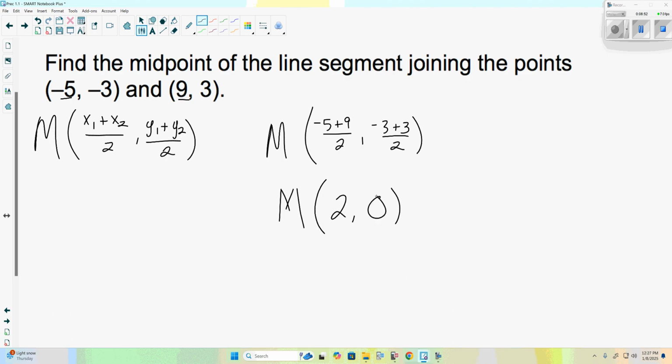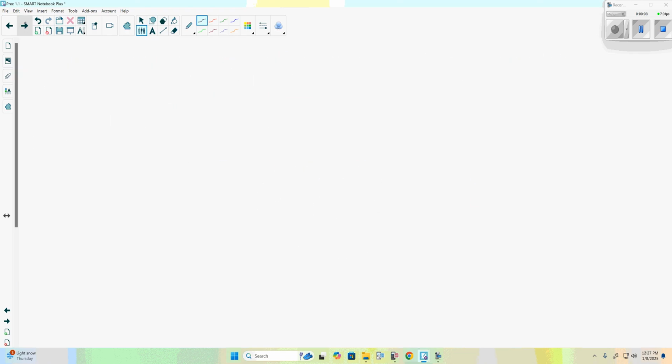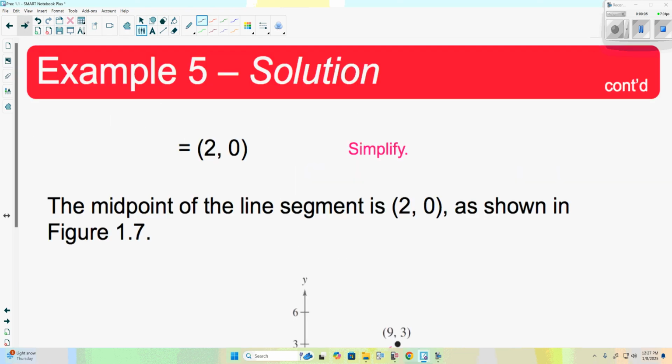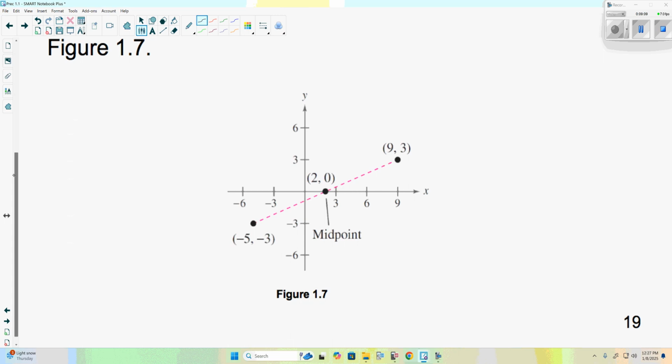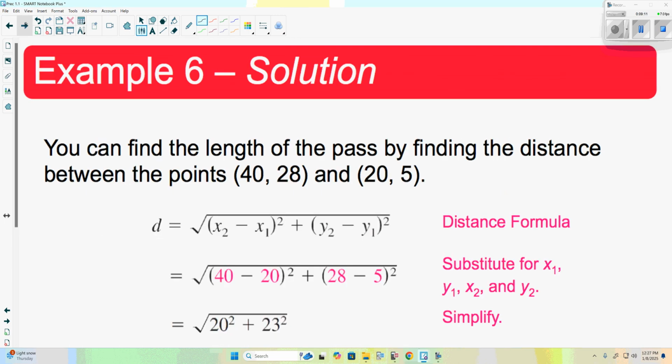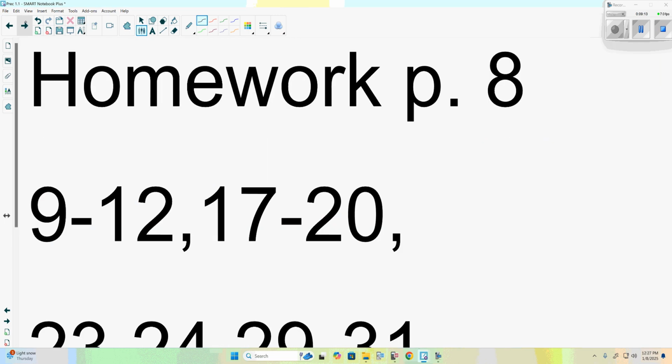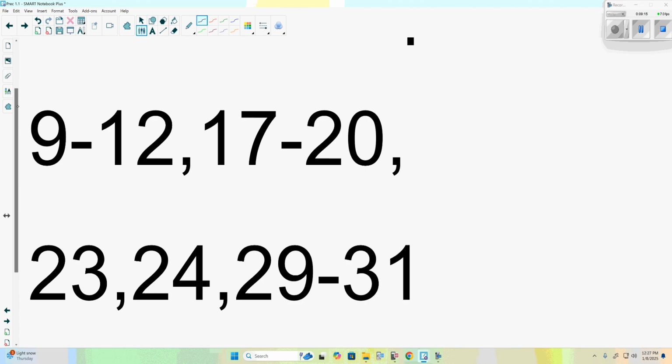And divided by 2 would be 0. So the midpoint is 2, 0. Questions on this here. If we wanted to plot it, we'd see that it is indeed the midpoint. That's it.